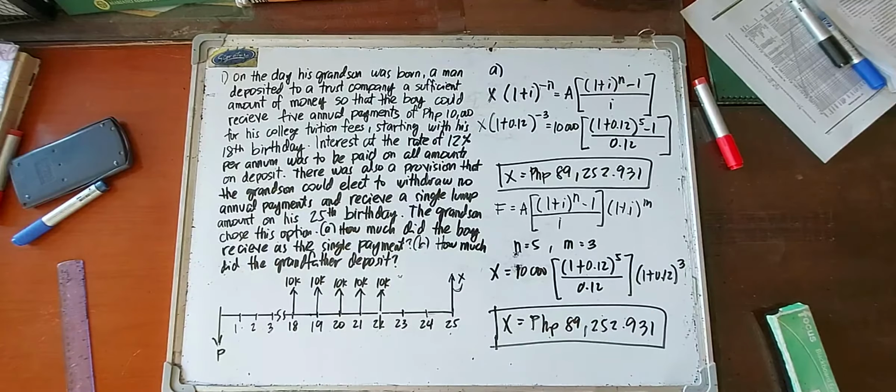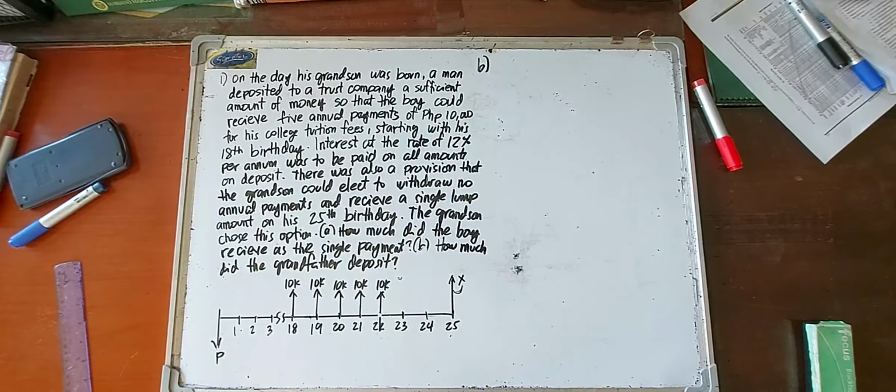Okay, so that would be the solution for letter A. Now let's go to letter B. Okay, letter B. How much did the grandfather deposit?